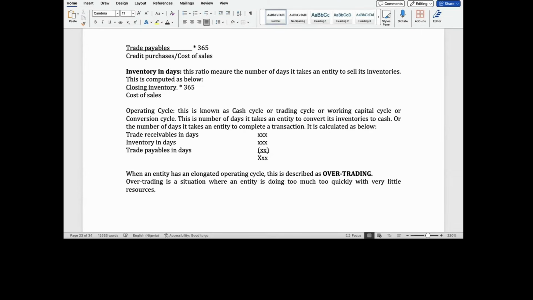That's the only situation where you can have an elongated operating cycle: when you're doing too much too quickly.